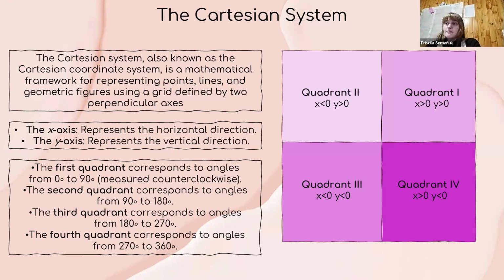This is a mathematical framework for representing points, lines, and geometric figures using a grid defined by 2 perpendicular axes. So we have an x-axis, and this axis is going to separate our paper. We have the y-axis, the one that goes vertical, up and down, and the x-axis, the horizontal one. We go right, we go left.